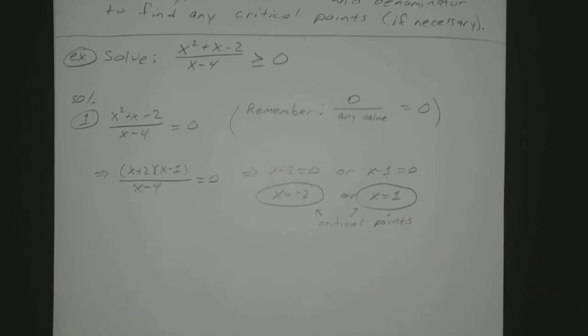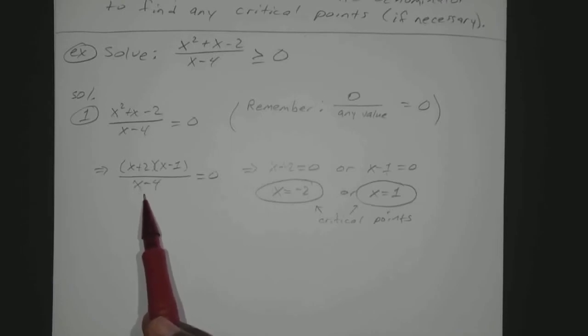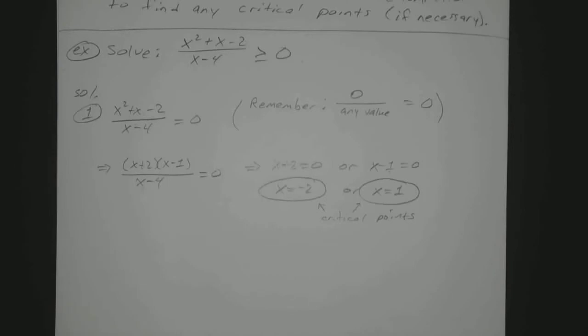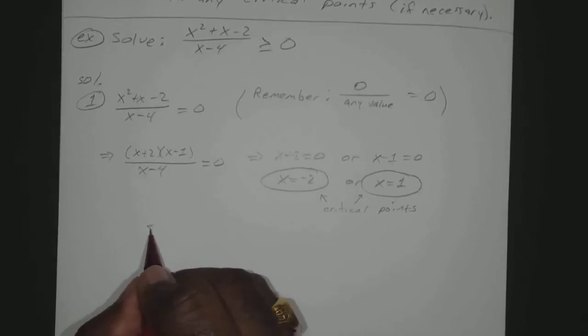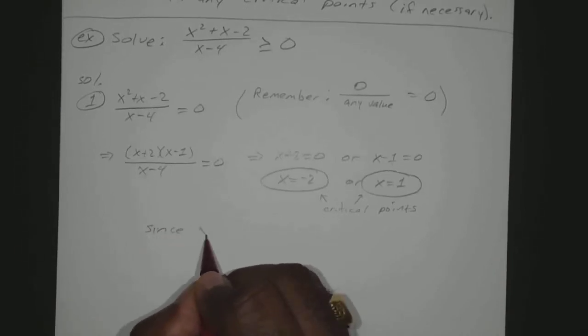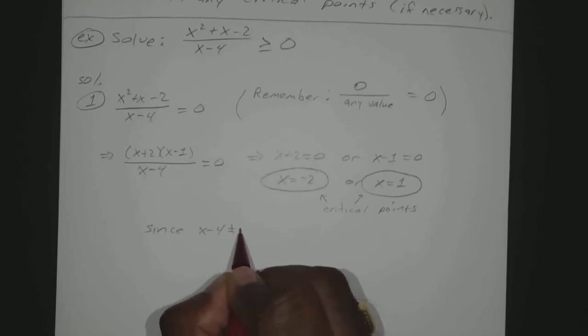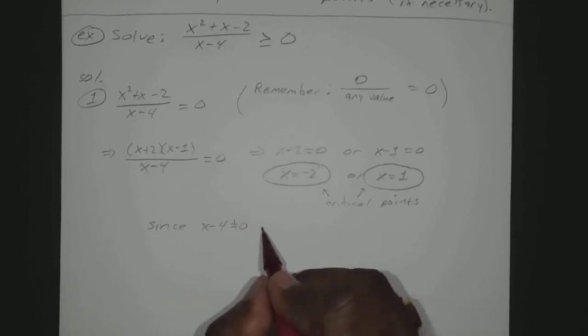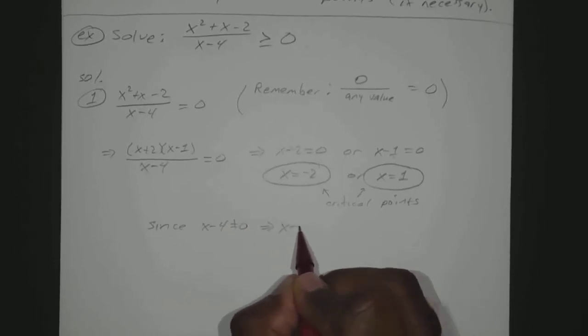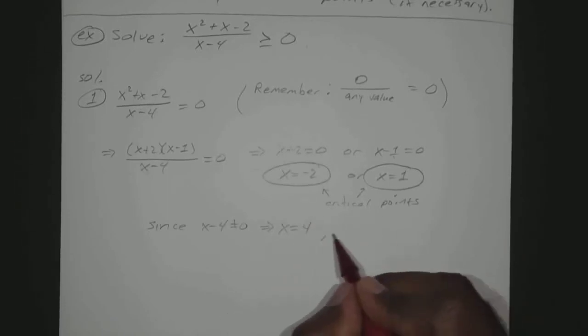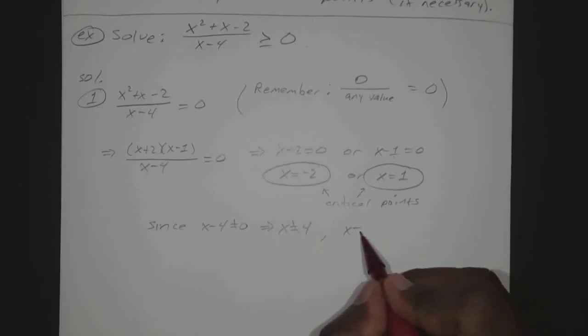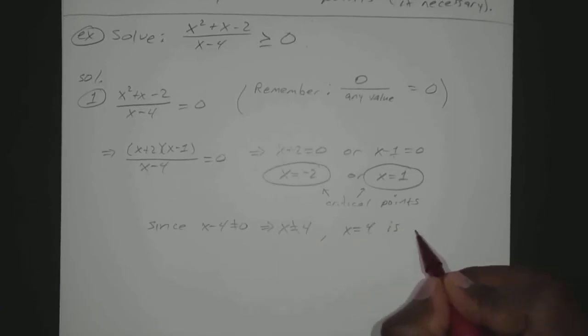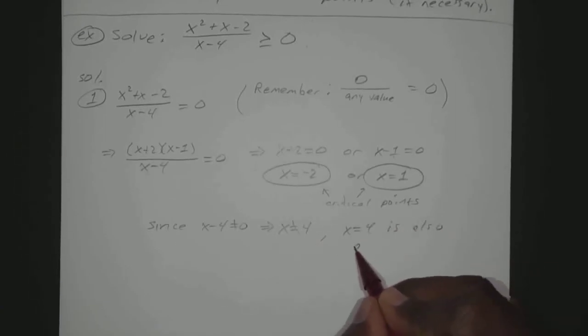Okay. Now the only difference here is that we now have to consider where x can equal 4, because that will make the denominator 0. So that will also be a critical point. So since x minus 4 can equal 0, which means that x can equal 4, x equals 4 is also a critical point.